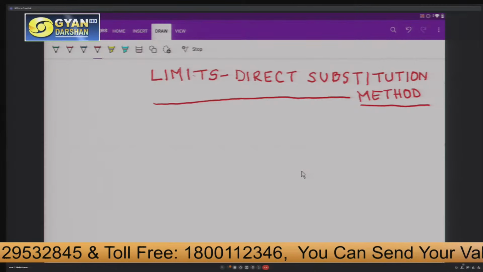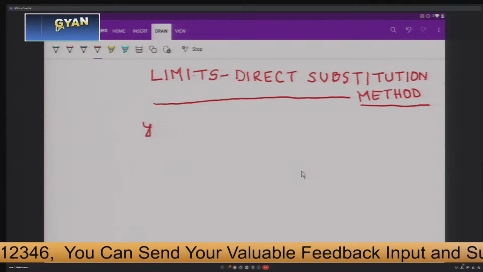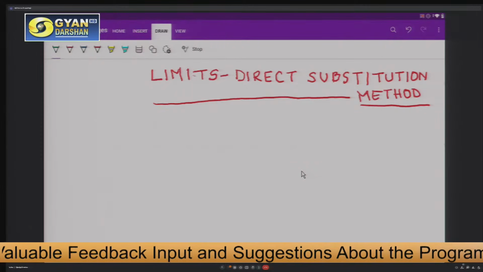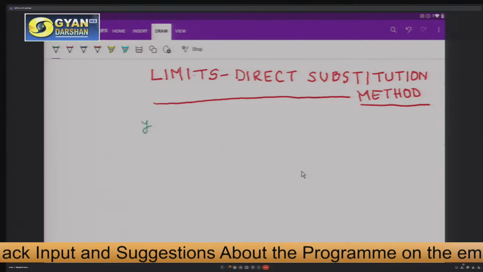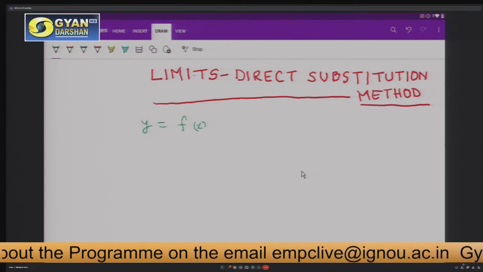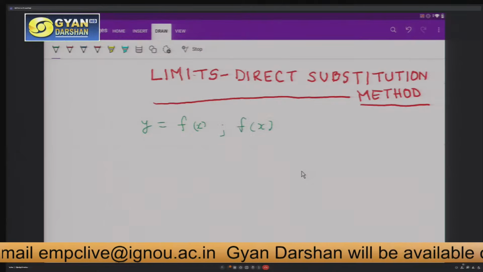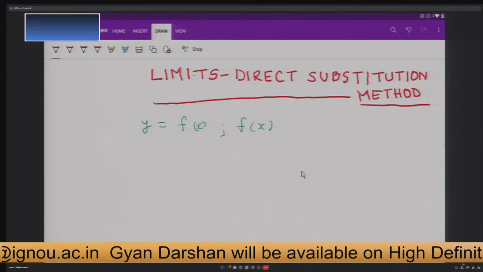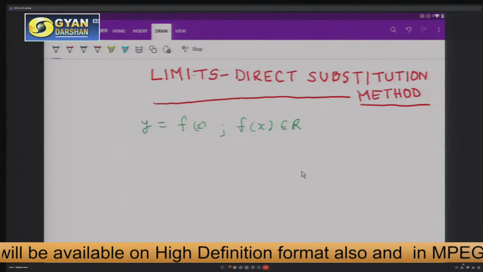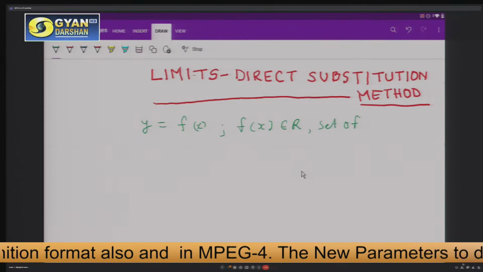Suppose there is a function y equals f(x), where f(x) belongs to a subset of R, R being the set of real numbers.